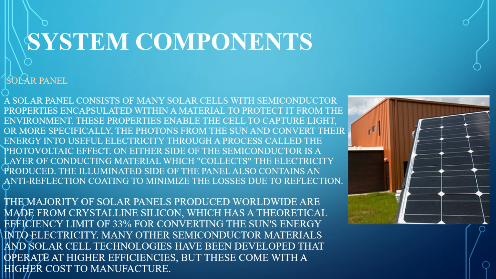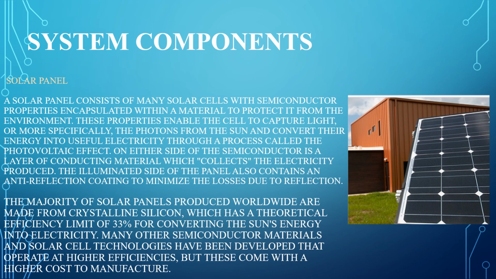These properties enable the cell to capture light, or more specifically the photons from the sun, and then convert their energy into useful electricity through a process called the photovoltaic effect. On either side of the semiconductor is a layer of conducting material which collects the electricity produced. The illuminated side of the panel also contains an anti-reflection coating to minimize the losses due to reflection.